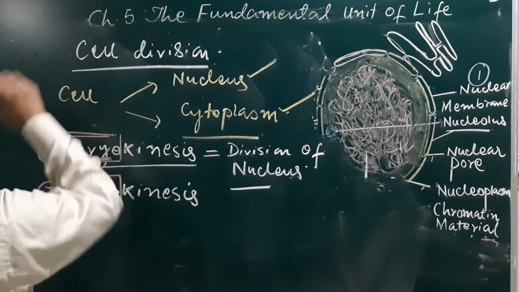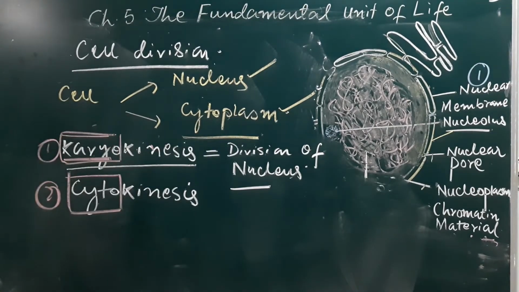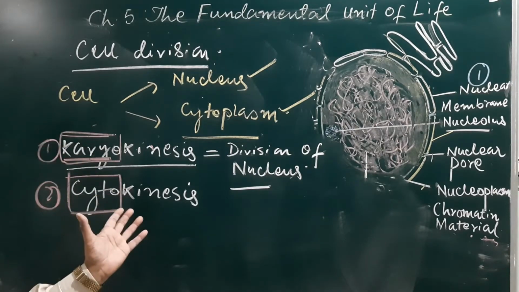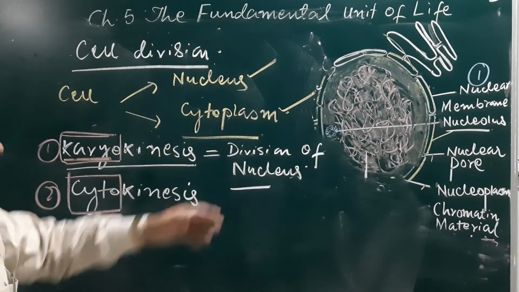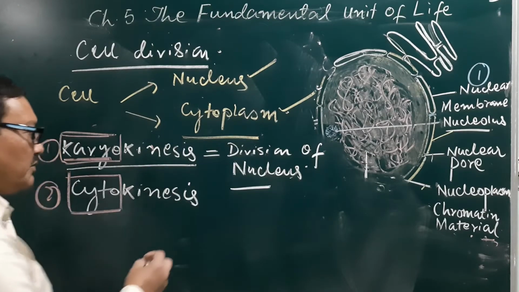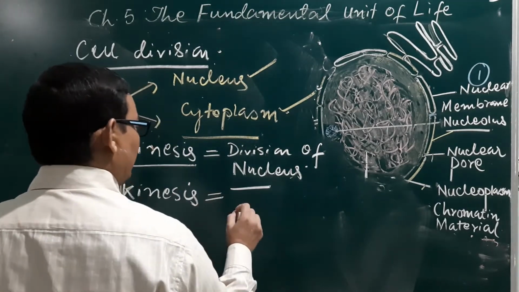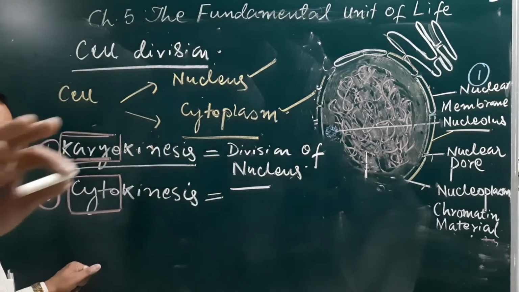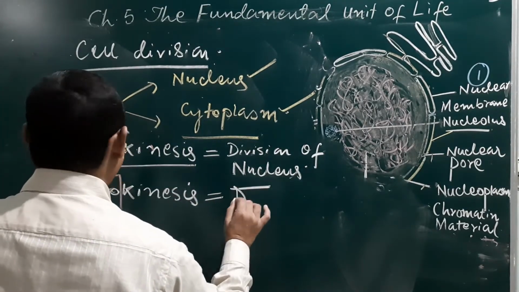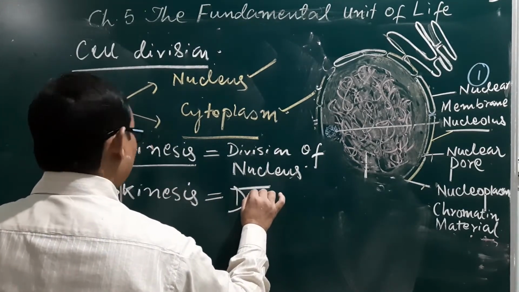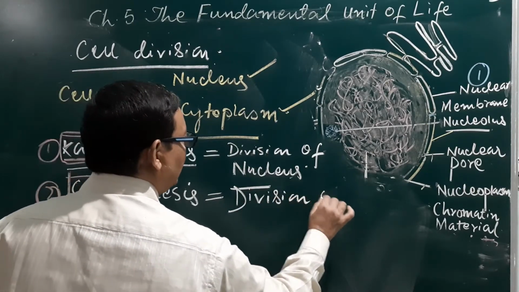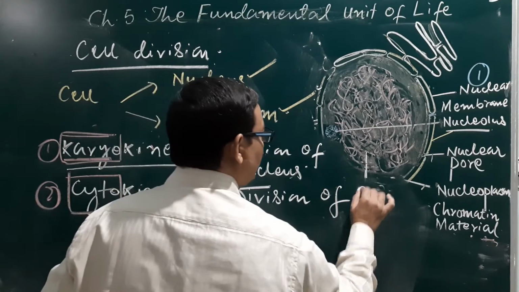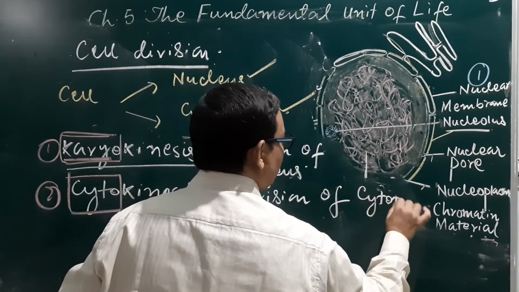When there is a cell division, there are two important phases. The first phase is known as karyokinesis, during which the division of the nucleus takes place, and the cytokinesis, during which the division of the cytoplasm takes place.